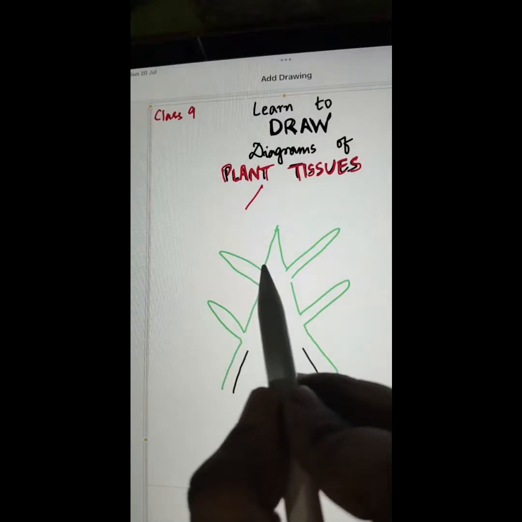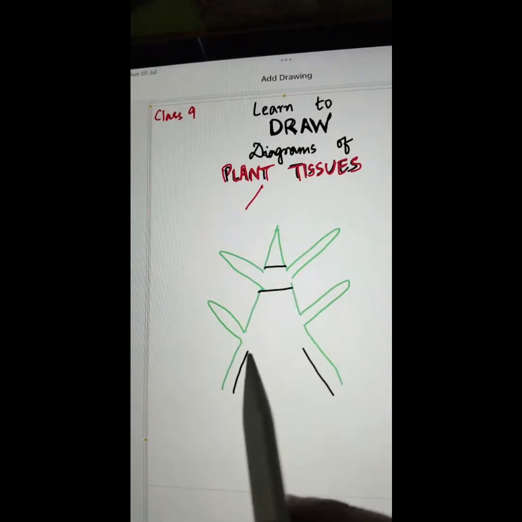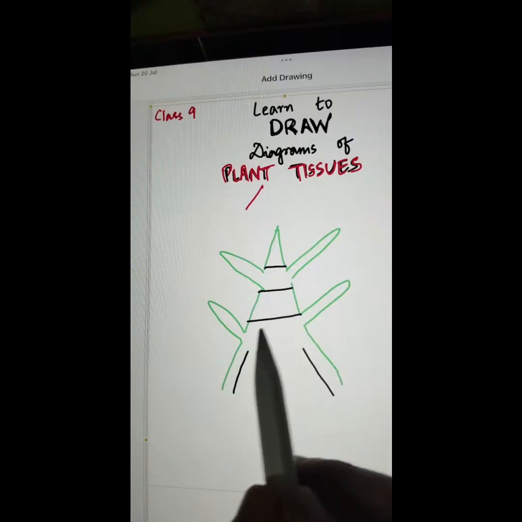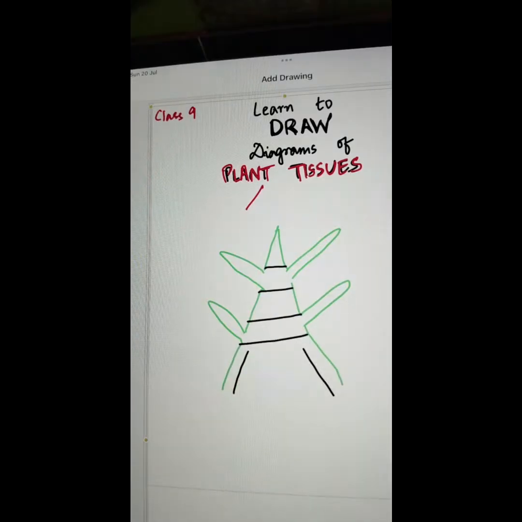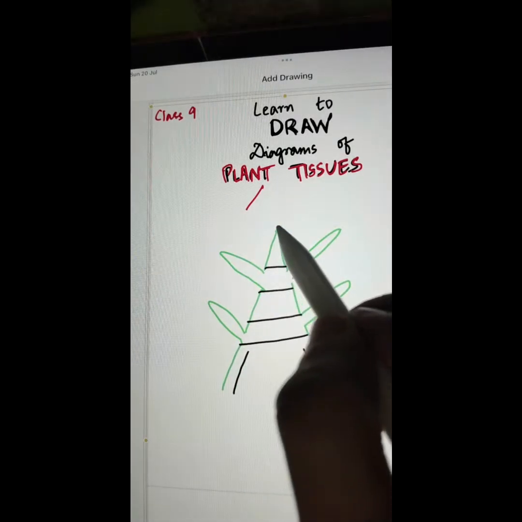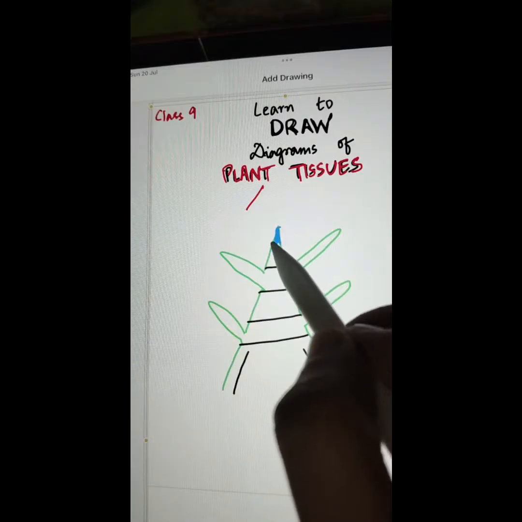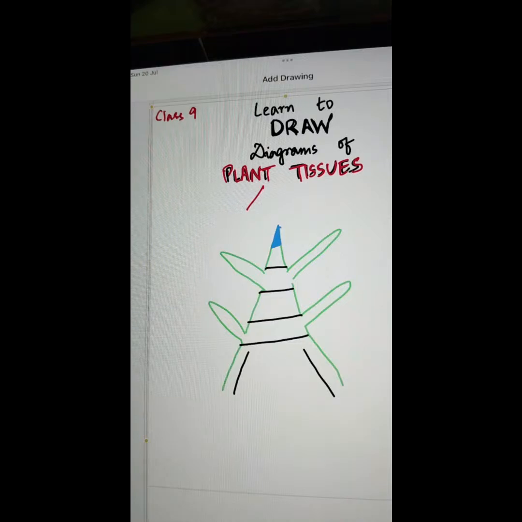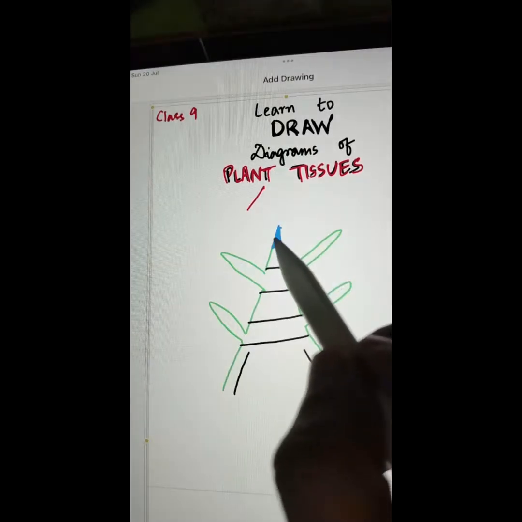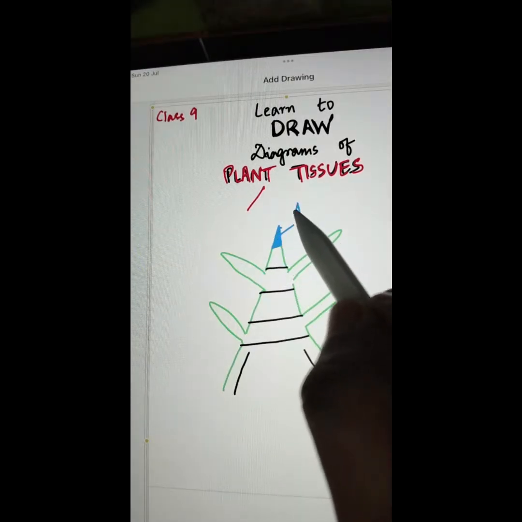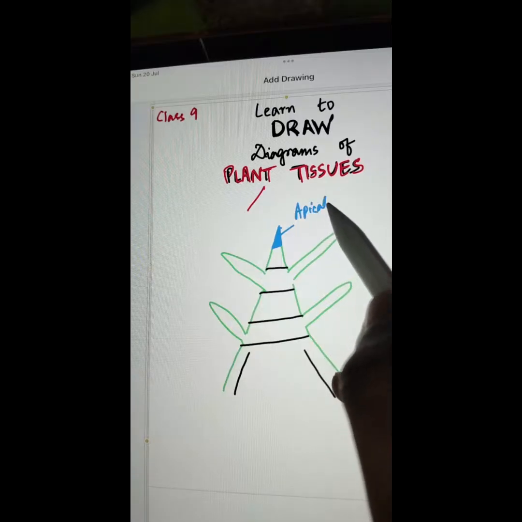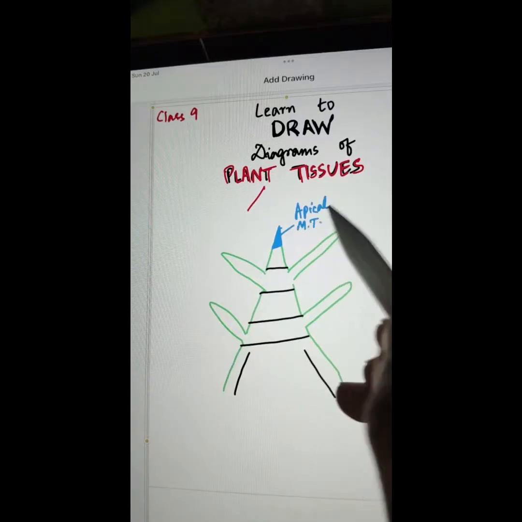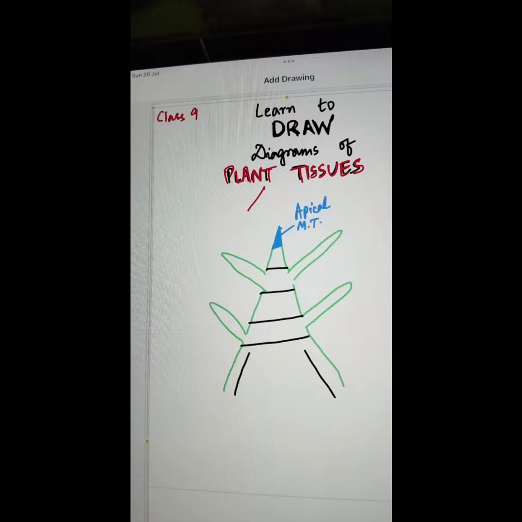So I'm using different colors so that it should be clearer to you. And here at the tip, these are apical meristematic tissues. So apical meristematic tissues will always be there at the apex, right? So this is apical meristematic tissue which is present at the apex of root or shoot.